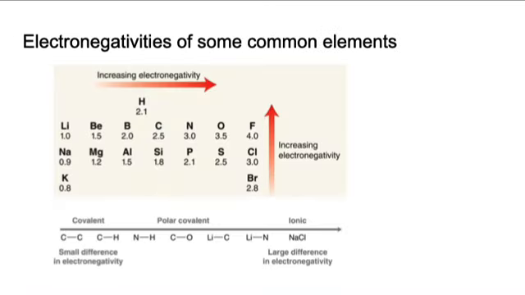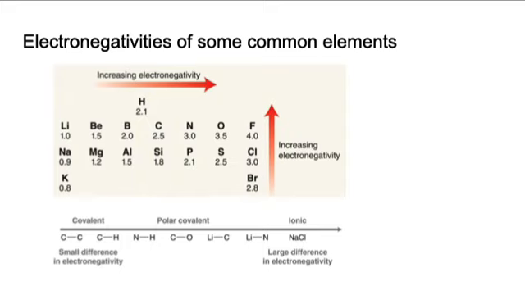I'd like to remind you of the concept of electronegativity. This is a periodic trend that increases as you move up and to the right of the periodic table. So fluorine is the most electronegative element according to the Pauling scale of electronegativity. As a reminder, electronegativity is a desire to be surrounded by electrons in the form of bonds.